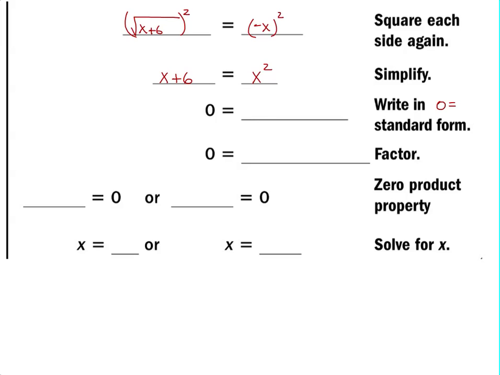So 0 equals x squared, move that x over, so minus x, move the 6 over, minus 6. Poof. Then we go ahead and factor. Factoring's pretty easy-ish for this problem. It's x minus 3, x plus 2. Poof. And then it says zero product property.